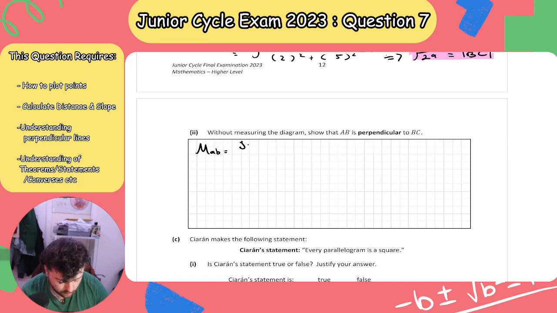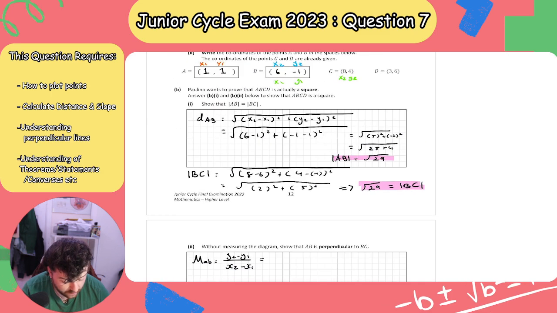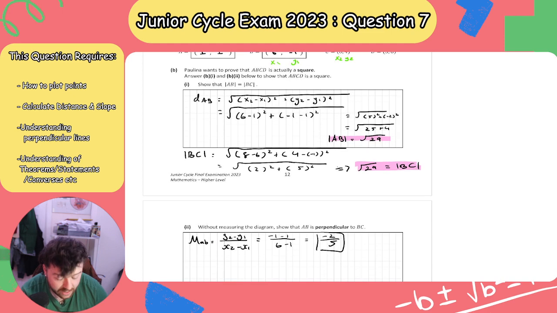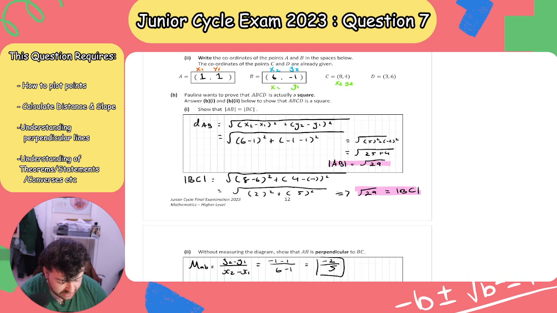Remember, slope is equal to y2 minus y1 all over x2 minus x1. For AB, that is -2 over 5. Now, in order for BC to be perpendicular, the slope must be positive 5 over 2. So let's see if that is the case.